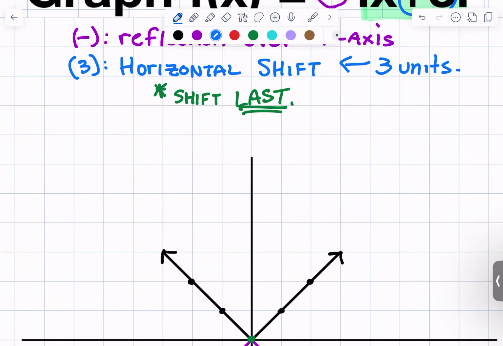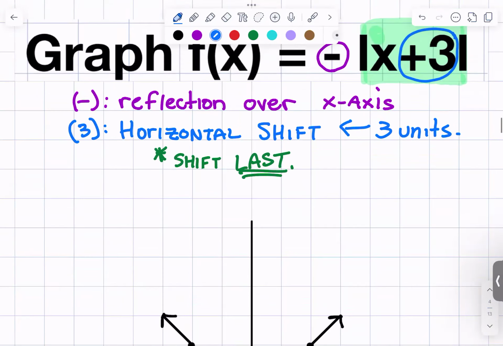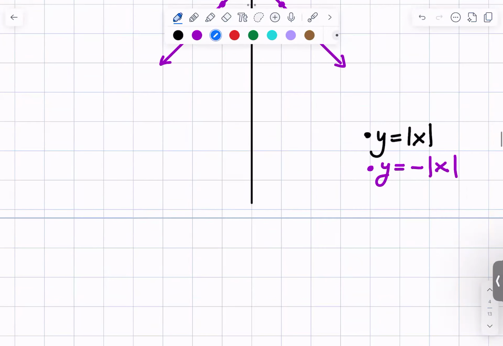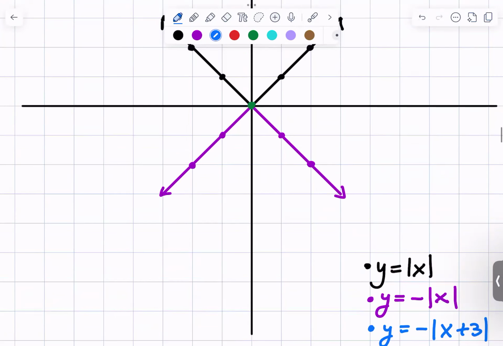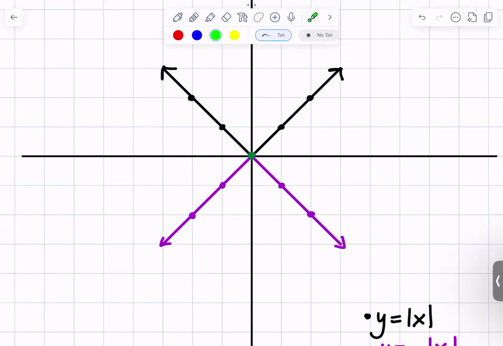So the blue is a horizontal shift to the left 3. So the blue is going to be equal to negative absolute value of x plus 3. And we're going to move it over to the left 3 units, right? So if I move this point, my vertex, over 1, 2, 3, there's my point.